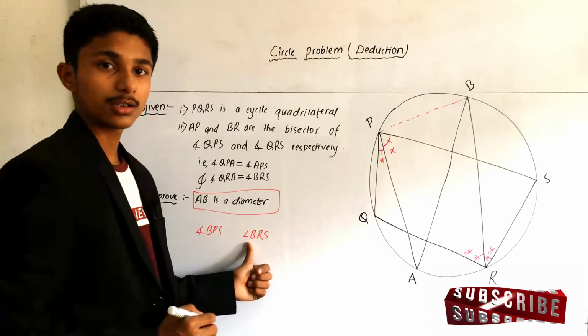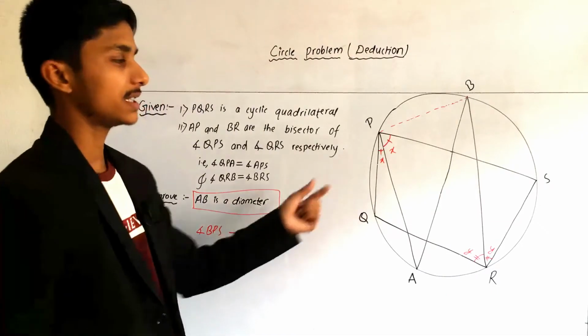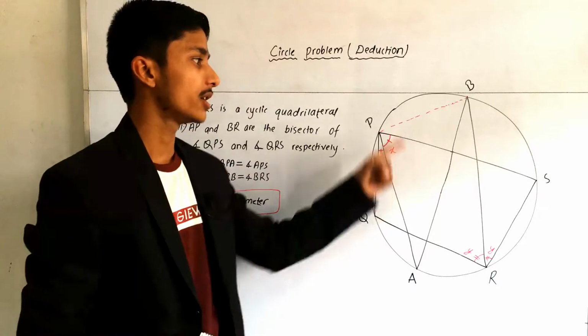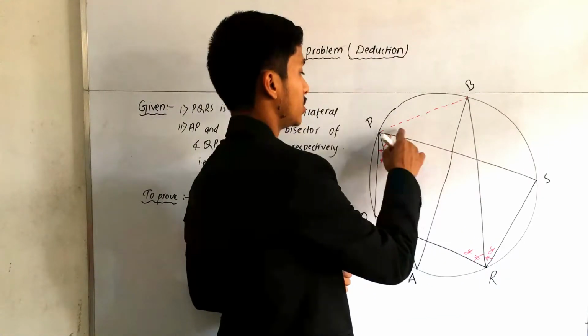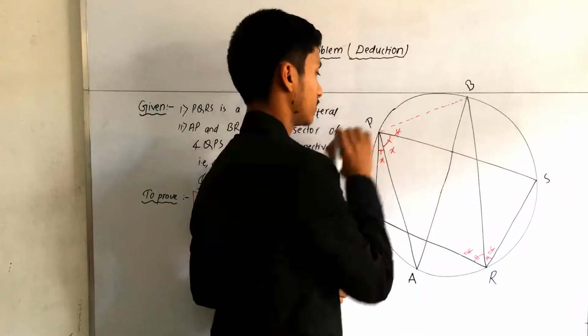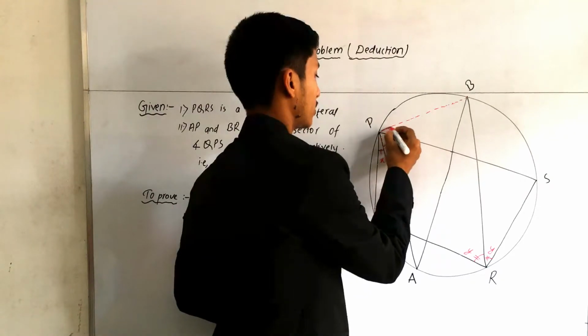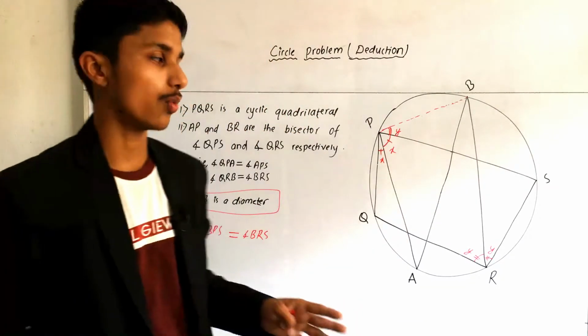These two angles will be equal to each other because they are standing on the same arc BS. Therefore, if this is y, then this angle will also be y.